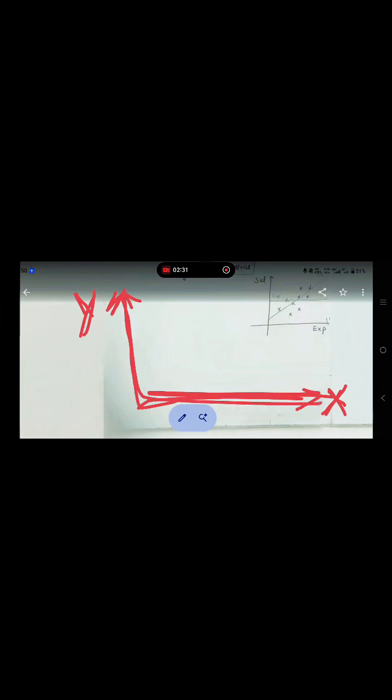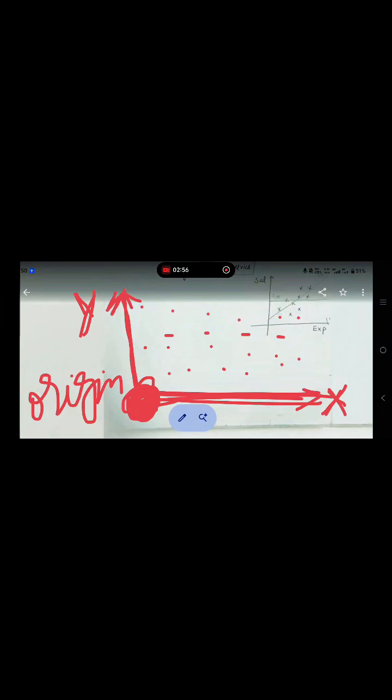And the midpoint where x and y join each other is called the origin. When we put the independent and dependent variable data on the graph, we have this kind of data. This is the data.